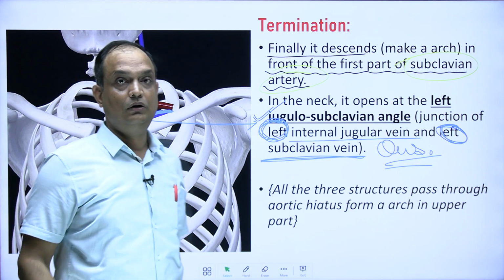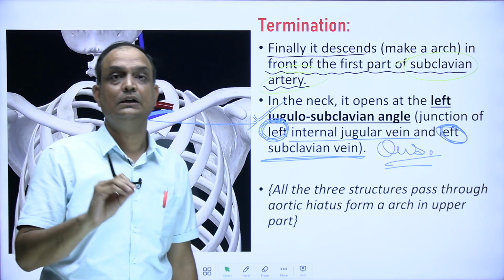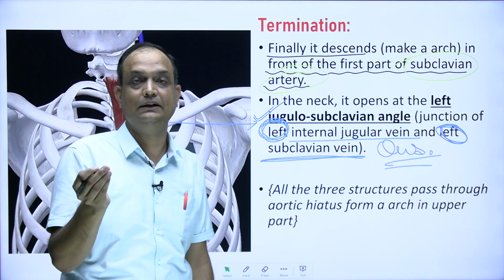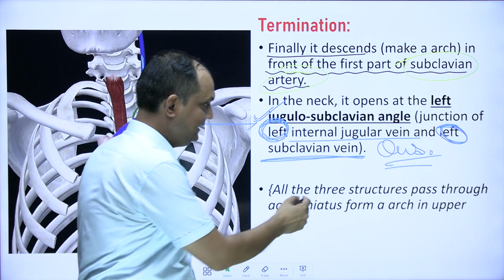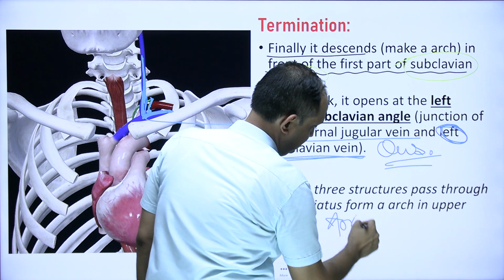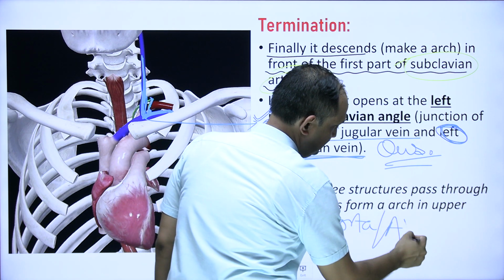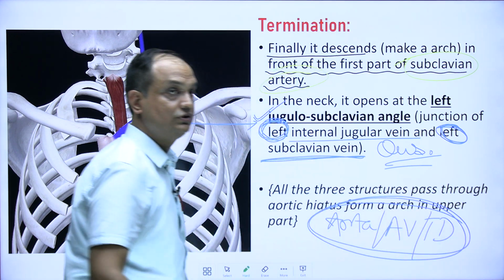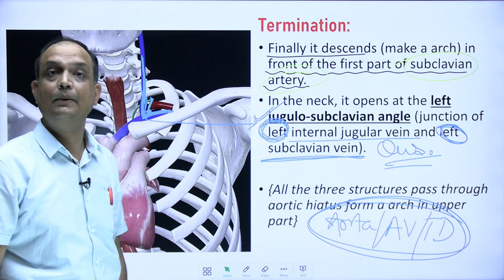So now once you are reading the structures passing through the aortic hiatus, you will realize that there are 3 structures. One is the aorta, second is the azygous vein, and third is the thoracic duct. All 3 of these structures make an arch in the upper part.